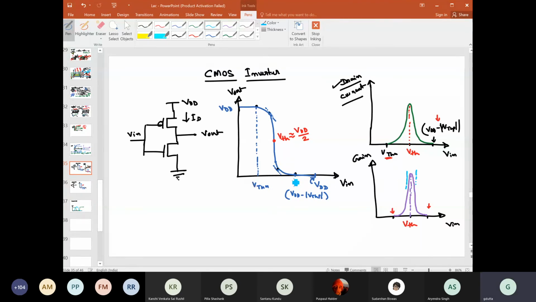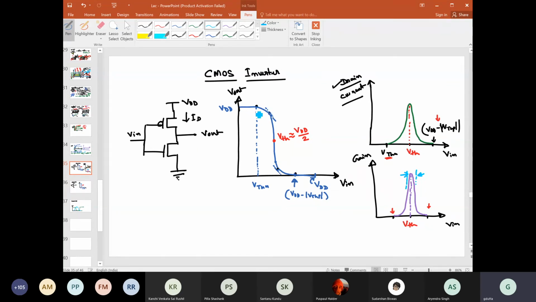So from an analog amplifier or analog design point of view, this will be the region of interest for the analog designer, whereas as a digital circuit IC designer, you will never want to operate this inverter in this particular region.